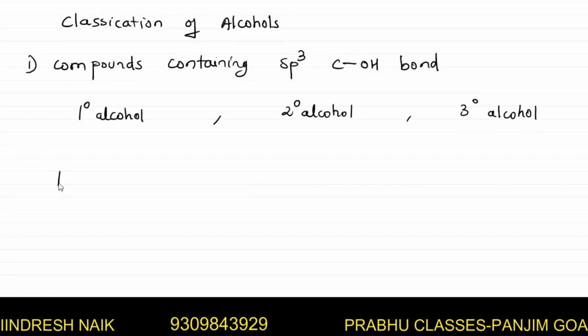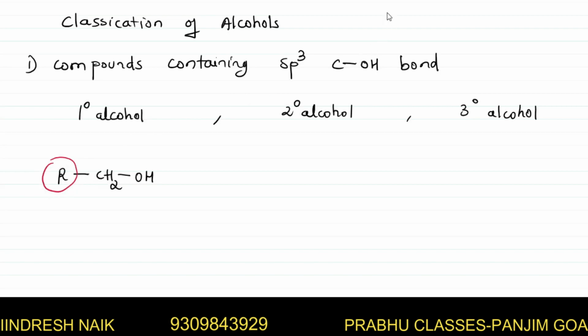A primary alcohol, if I want to represent, then I will represent it this way: RCH2OH. Like here, sp3 hybridized carbon. sp3 hybridized means a carbon which has all carbon-carbon single bonds connected. This is the carbon to which OH is connected, and this is the R group.